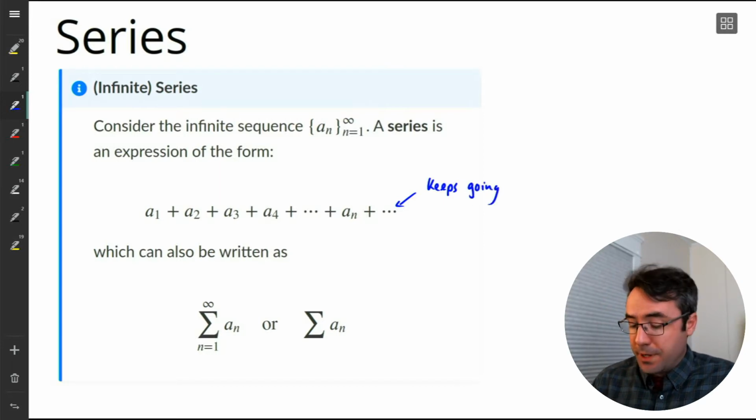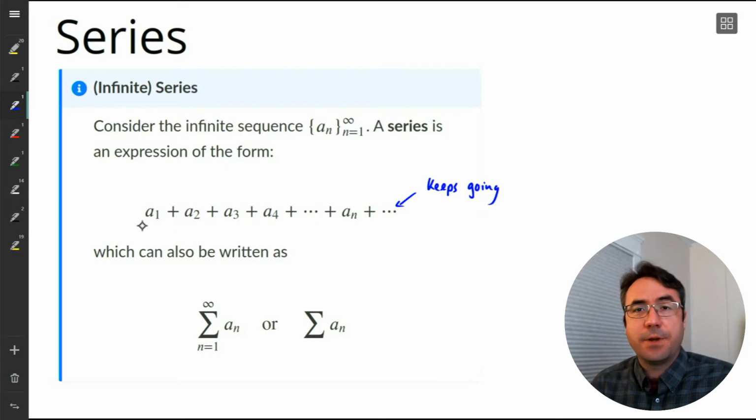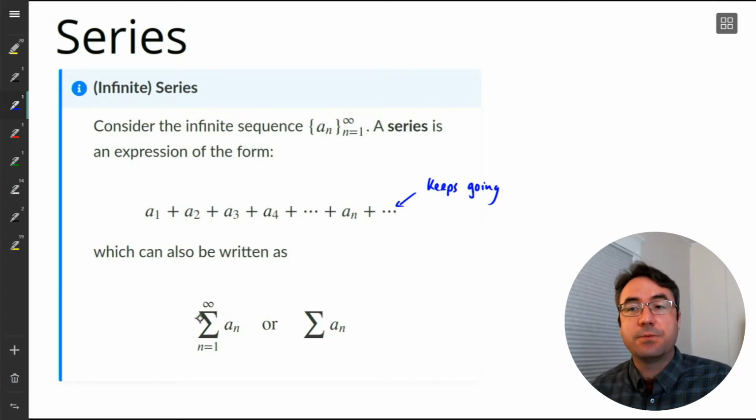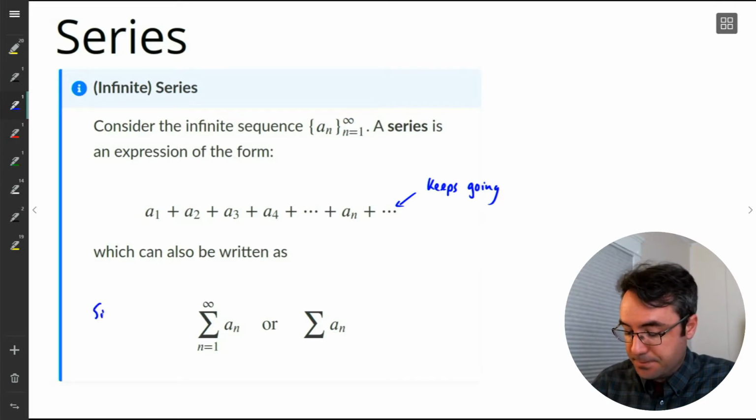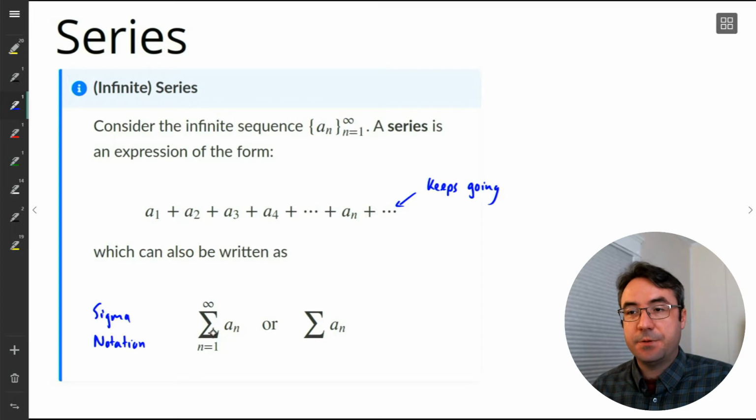All right, so we can write it out in this long form here where we just write out the first few terms. Or we can use a more compact notation, which we call sigma notation. And this is where we use this capital sigma here, which really is a fancy addition sign. It means the sum. So we're looking at the summation of a sub n from n equals 1 to infinity.